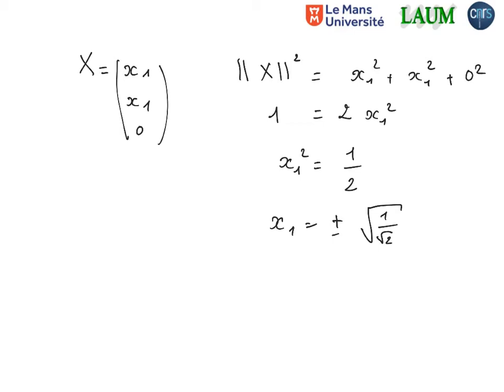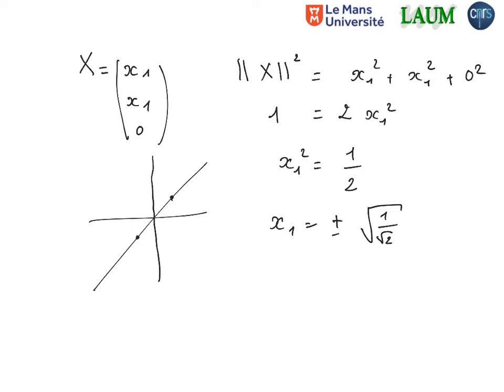So here I have my value of x1 because I impose that the norm of this vector is equal to 1. If we just plot it, we can see that we are in a situation like that. This line is the line of all the possible x. And I want just an x which has norm equal to 1, then I have two solutions here.